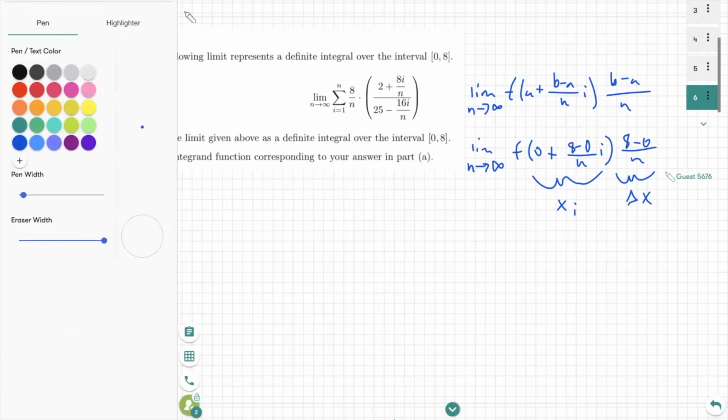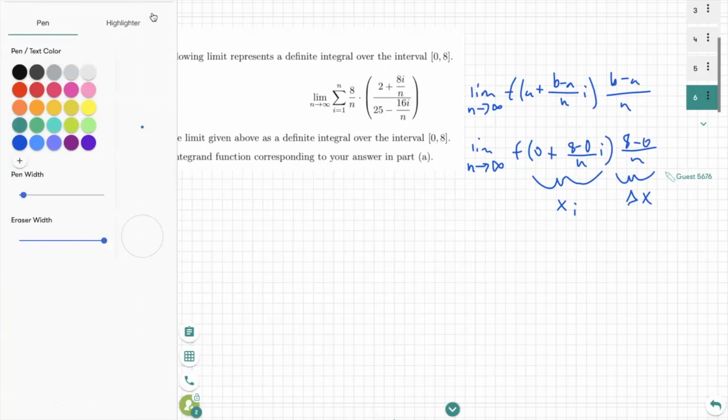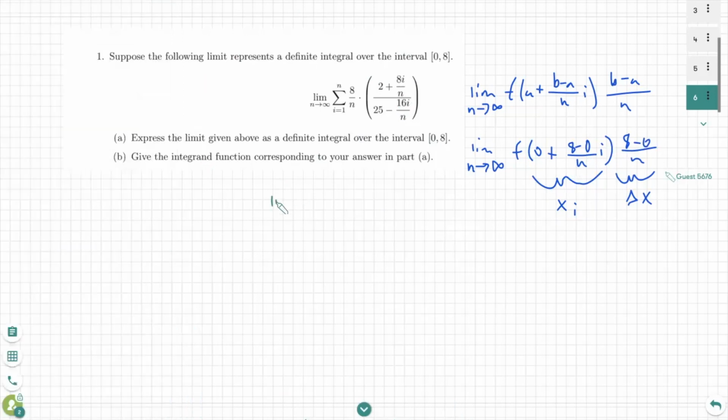So if we rewrite this function, how can we get 0 plus 8 over n i to appear? Would it be like 1/2? Not 1/2 exactly, but I can see that this is 2 plus x over 25 minus 2x.